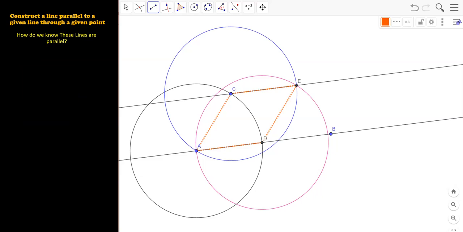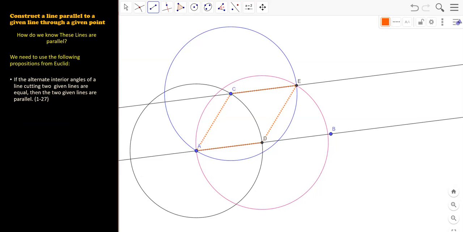Well, we need to go back through Euclid's Elements and pick out a couple of propositions that I don't want to reprove. We need to use alternate interior angles. If the alternate interior angles of a line cutting 2 given lines are equal, then the 2 given lines are parallel.